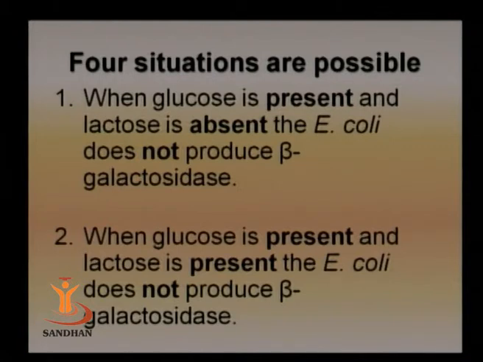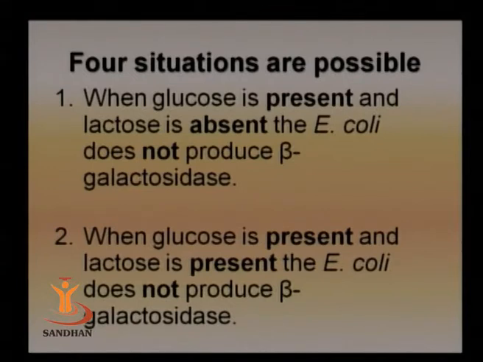If it takes the lactose, it has to degrade it into the monosaccharide form. So the cell will always prefer to utilize glucose first, then lactose, if both are present in the medium at the same time.